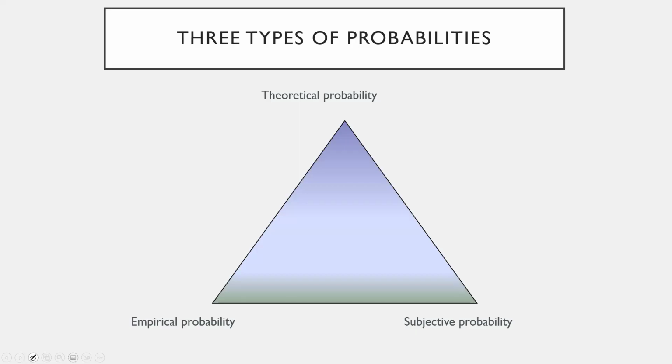Let's see this happen. Here's the three types, and this is how they're related and intertwined. Theoretical probability: the chance of rolling a 4 is 1 out of 6, or 1/6. Empirical: she's a 92% free throw shooter for the season.